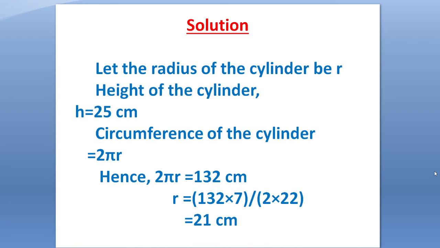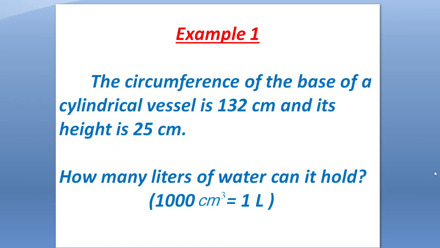Solution. Let the radius of the cylinder be r and the height of the cylinder H is given as 25 centimeter. We know that circumference of the cylinder is 2 pi r, hence 2 pi r is equal to 132 centimeter. 132 centimeter is given.